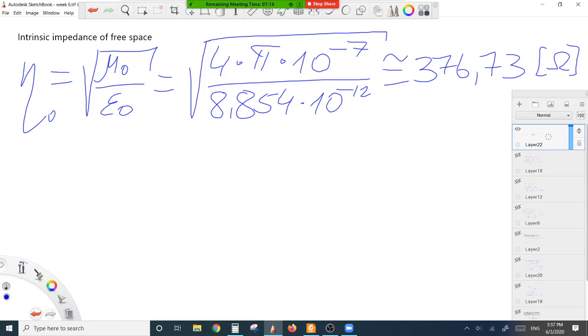The intrinsic impedance of free space is 376.73 ohm, and for application purposes we may say that it is about 377.